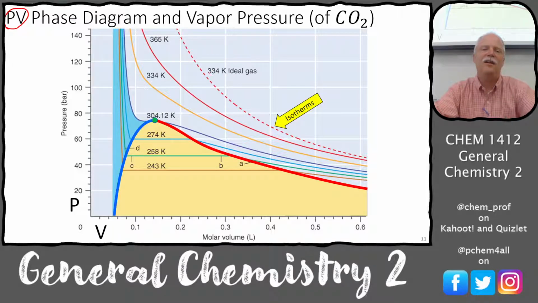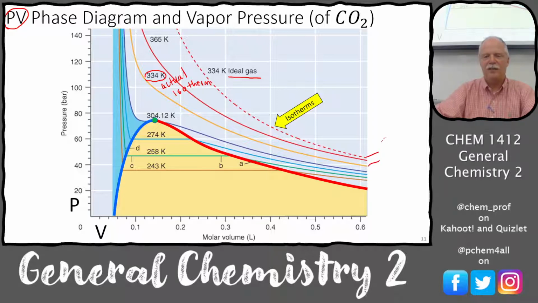Notice if I start adding in the intermolecular attractions, this is the actual 334. And this is the ideal gas isotherm. Notice out here, the actual and the ideal are pretty close.